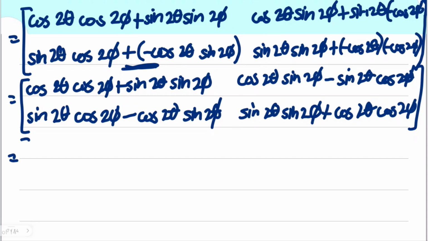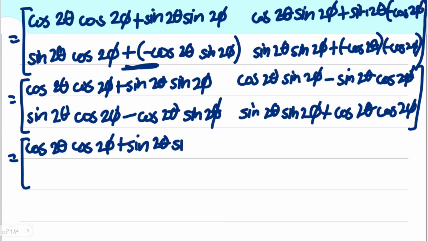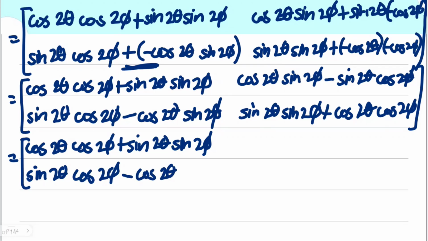So allow me to come up with this: cosine twice theta, cosine twice phi, plus sine twice theta, sine twice phi. At the bottom, we have here sine twice theta, cosine twice phi, minus cosine twice theta, sine twice phi.